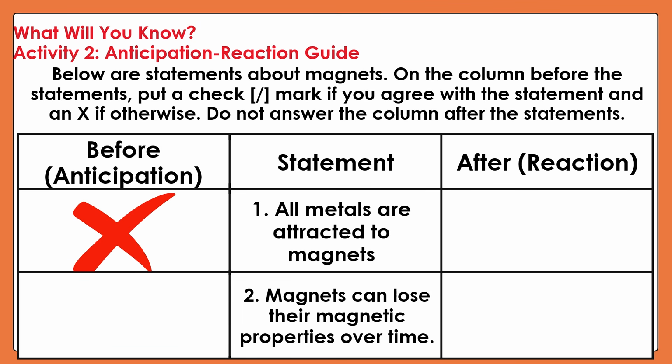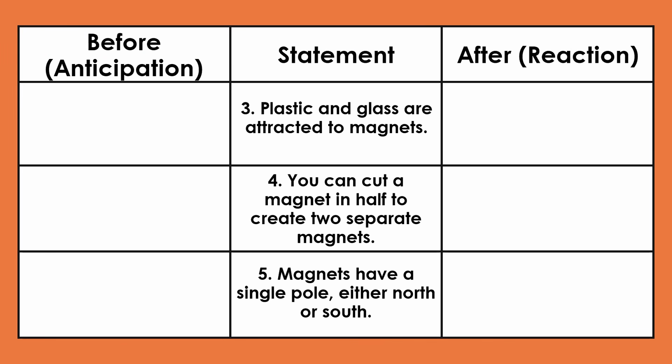Number 2. Magnets can lose their magnetic properties over time. The answer is check. Number 3. Plastic and glass are attracted to magnets. The answer is X. Number 4.